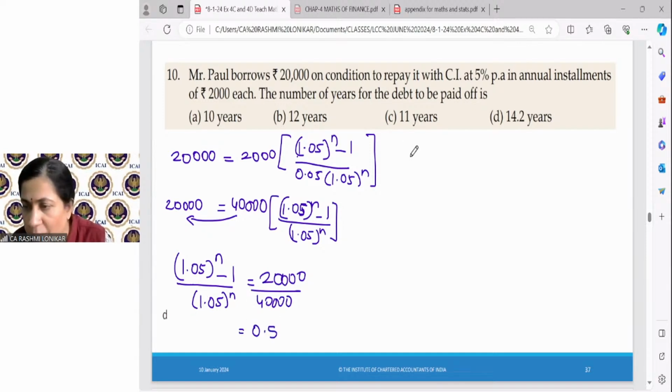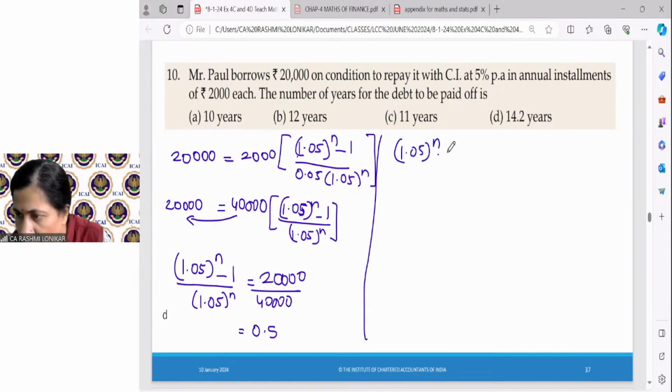Now I cross multiply. So I have 1.05 raised to n minus 1 is equal to 0.5 into 1.05 raised to n.